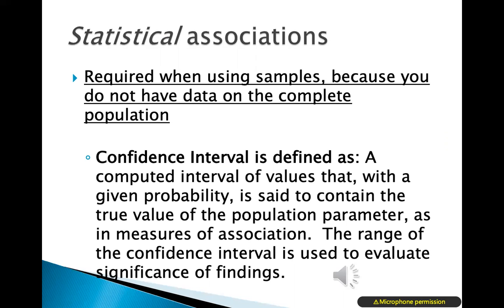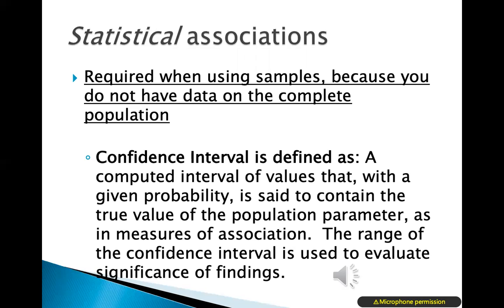Ideally, we would like to collect data on every single person in the target population so that we would have complete data. But you and I both know that that's rarely possible. Generally we draw a sample of participants, and then based on our analysis of the data from that sample, we assume that if we've done the study correctly and all conditions have been met, that we can draw accurate conclusions about the target population.